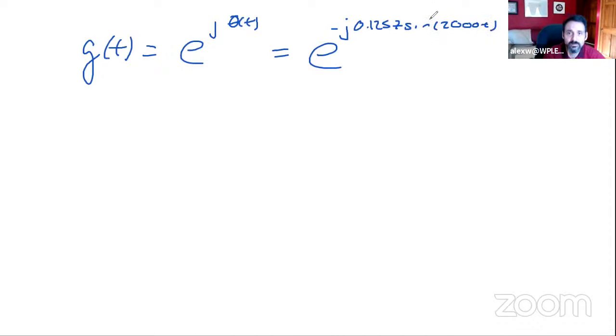Wowzers. Now, it's kosher because that thing is 0.2 rads, not per second, so I could approximate it by this.